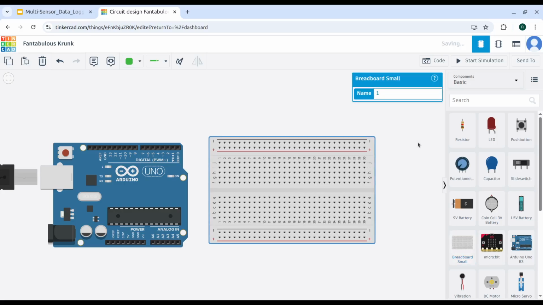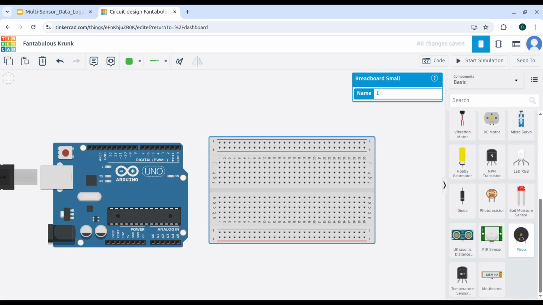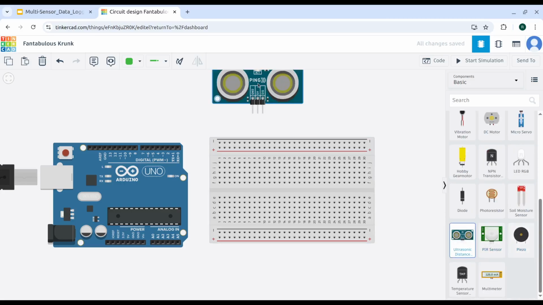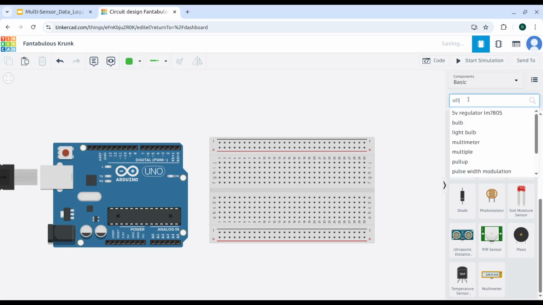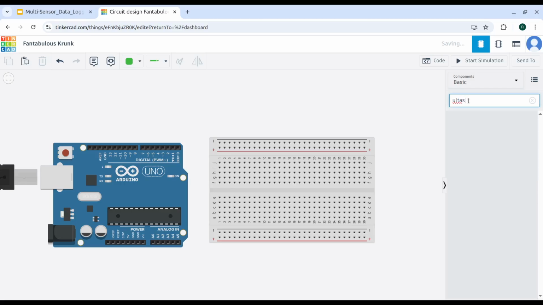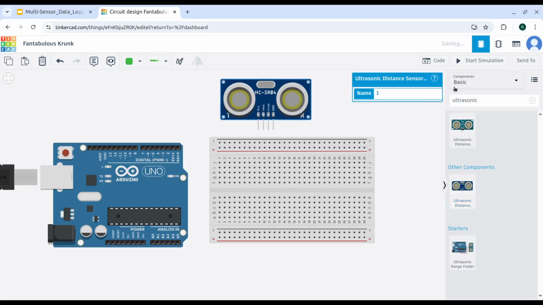After that we need different sensors, the ultrasonic sensor, with trig and echo pins. It has 4 pins, right?